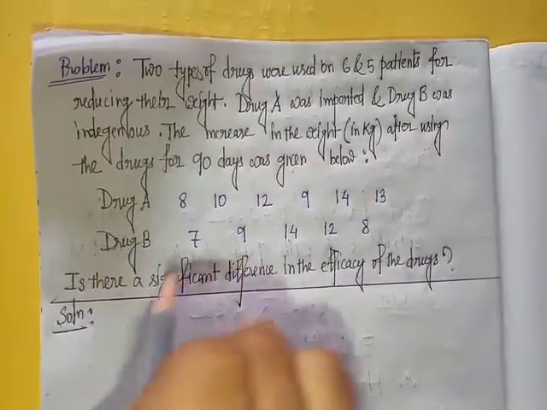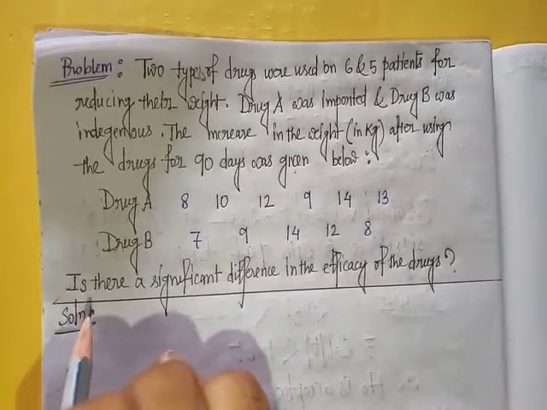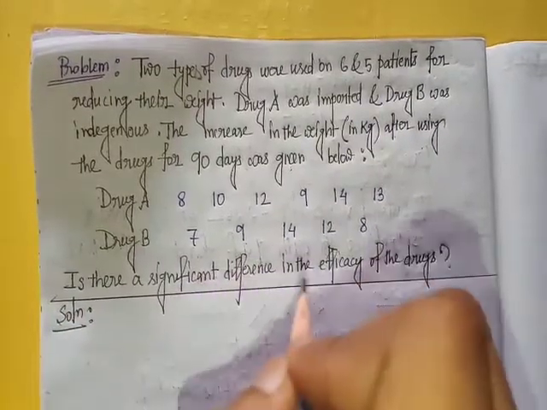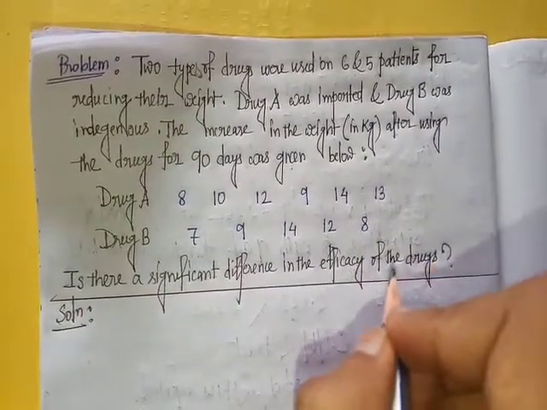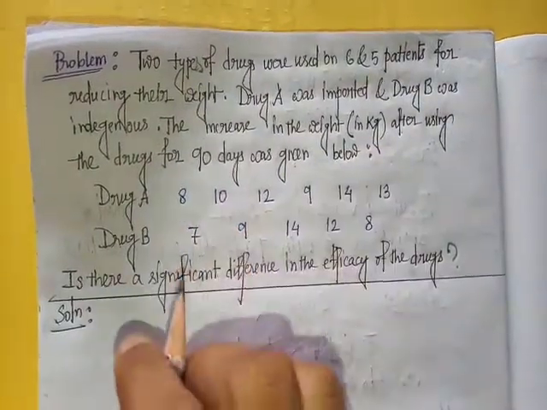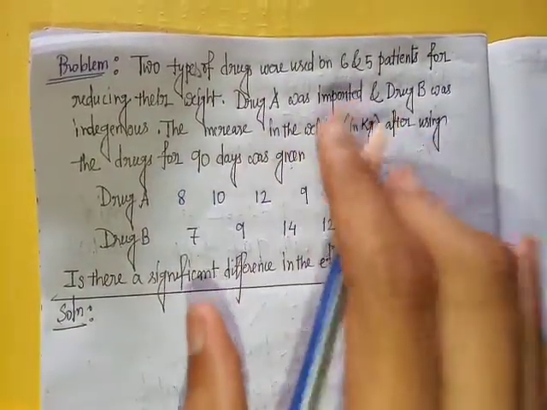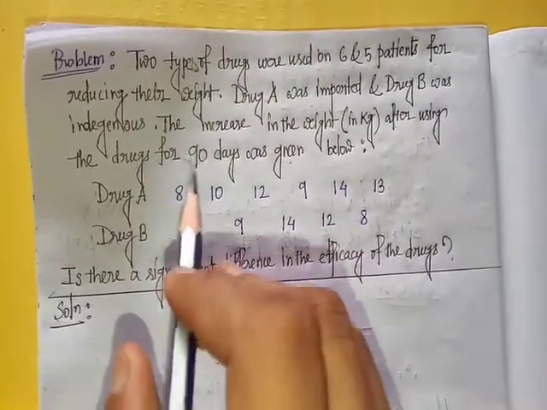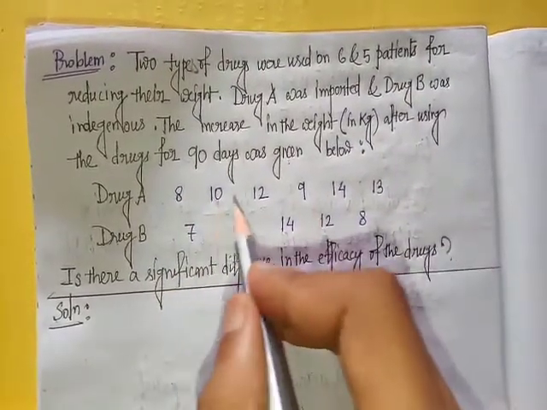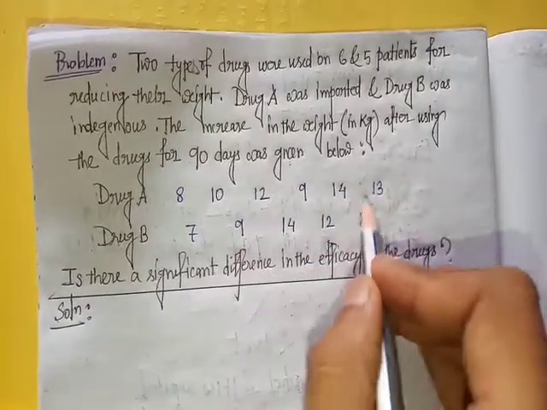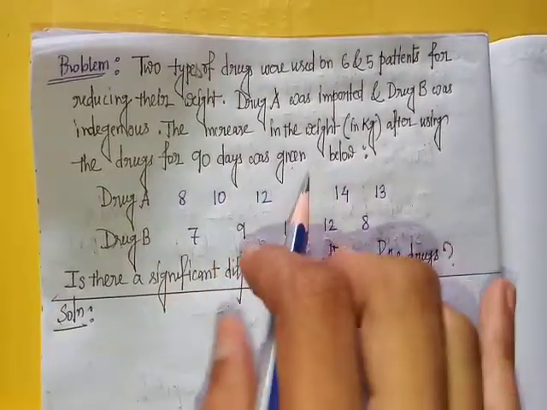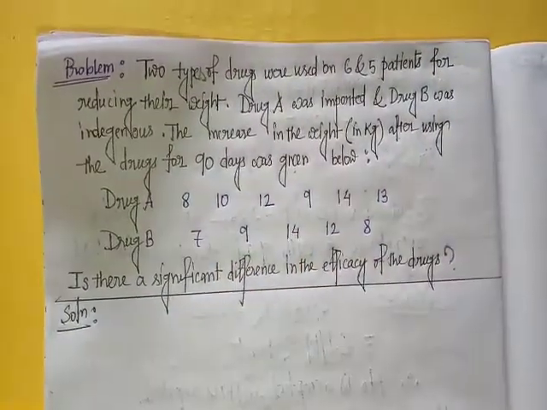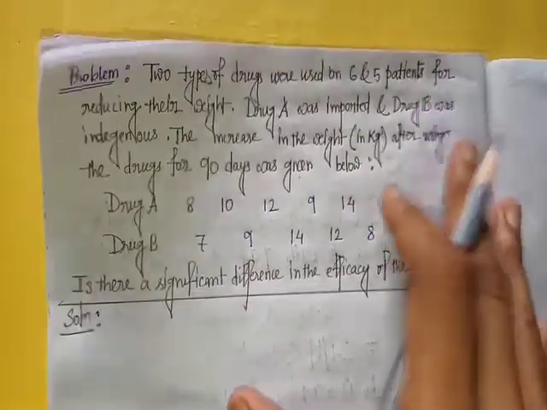Is there a significant difference in the efficacy of the drugs? Here there are two samples: the first sample of size 6 and the second sample of size 5, and they are independent.